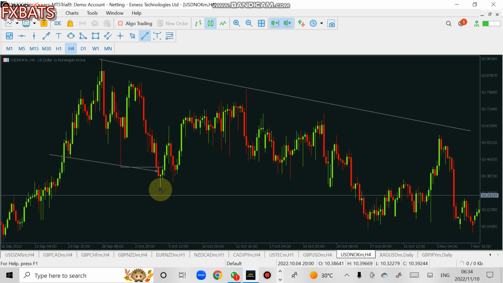So here I'm literally marking the external BMS, external break of market structure, on the 4 hour. As you see, I'm going to be marking the candles closing below a key level, a key zone.